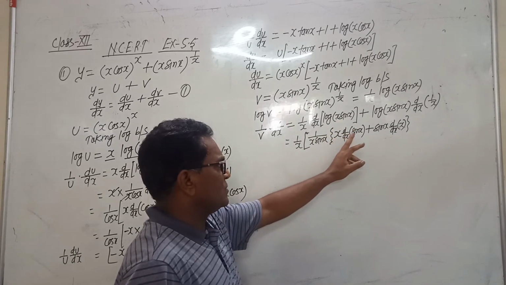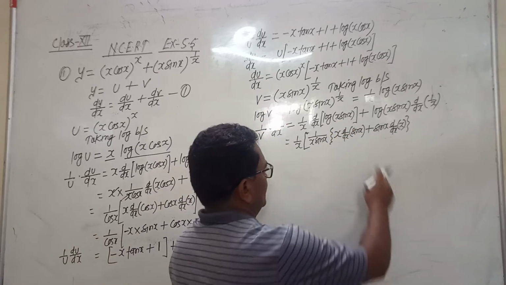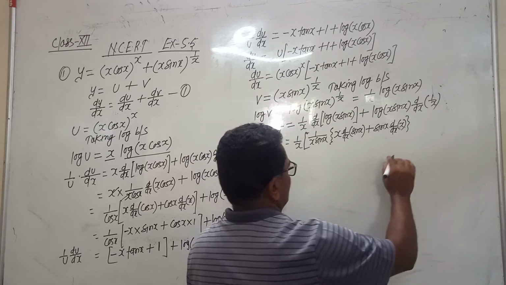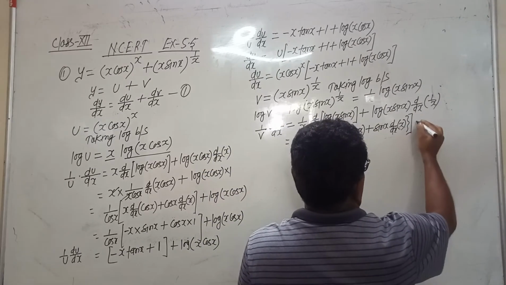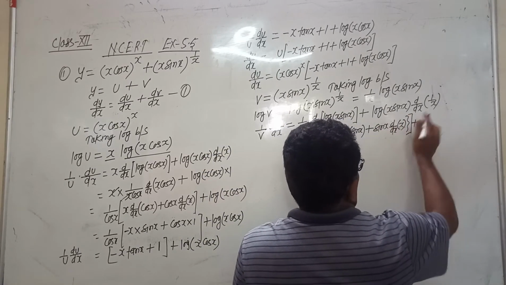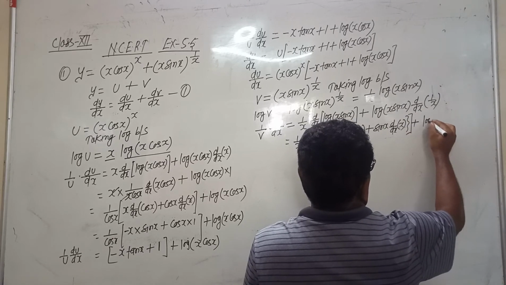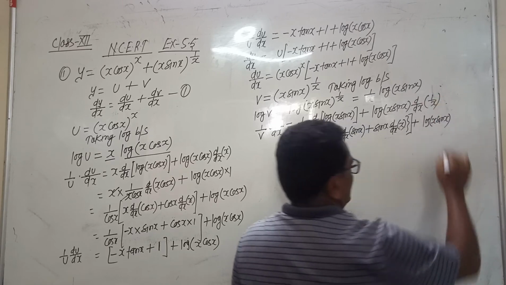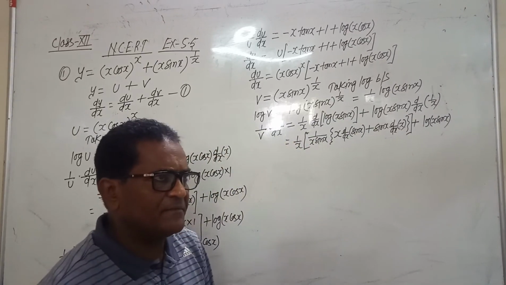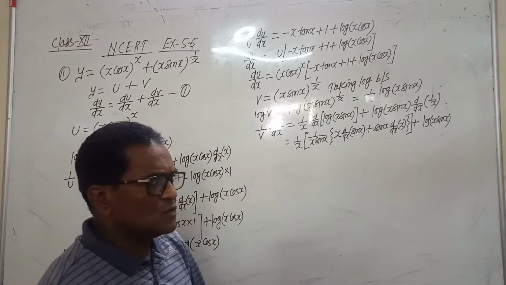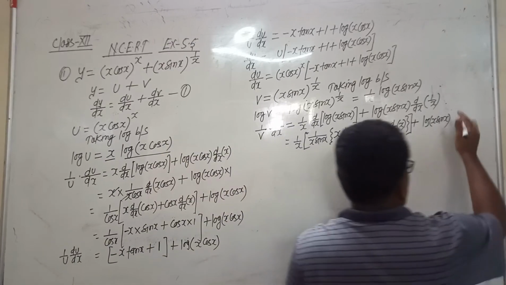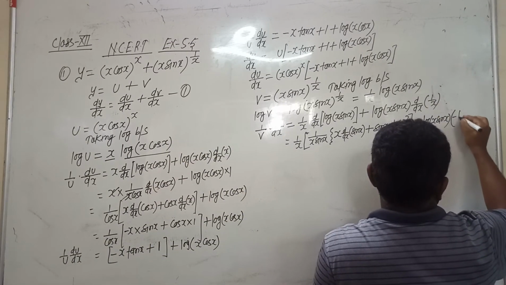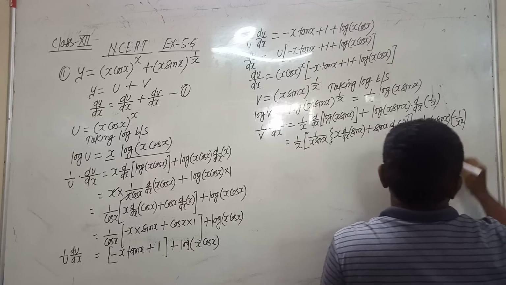Plus log x sin x, and differentiation of 1 by x. This will be differentiated in the form 1 by v, and the standard result is minus 1 by x square.